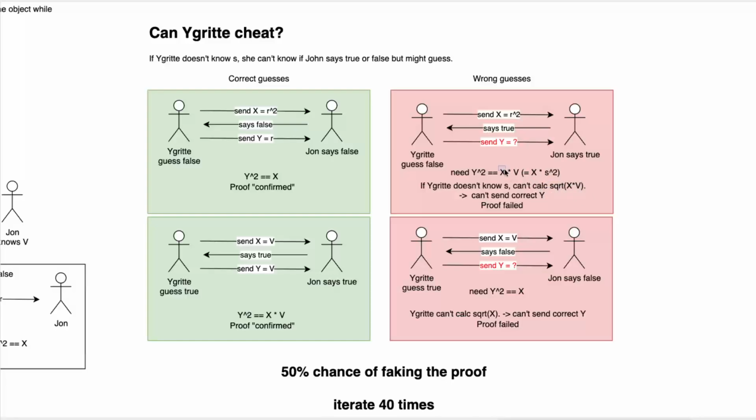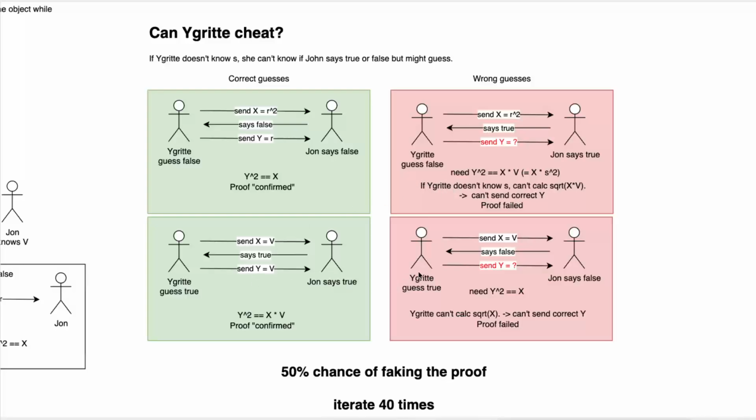And this is a random number that she just committed to. So she cannot find a y if she doesn't know s. So assume that she doesn't know s, she's just guessing. So she can't find a y so that this is valid. So she can't send the correct y, and the proof failed.